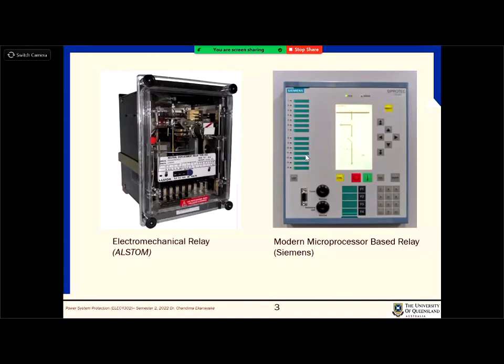Earlier in these mechanical relays, how did you identify whether you need to take an action or not? Based on some mechanical movements, right? As an example, if the current is high, exceeding a certain limit, then a disk starts to rotate.